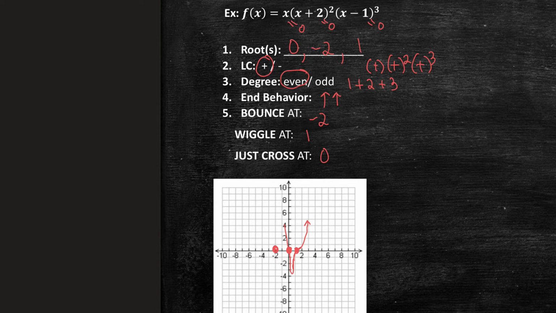And then it bounces at negative 2. So then it's going to come down, hit negative 2, and bounce off of it. And that's what your graph would look like. So you can see that the left side does in fact go up after it bounces at that negative 2.